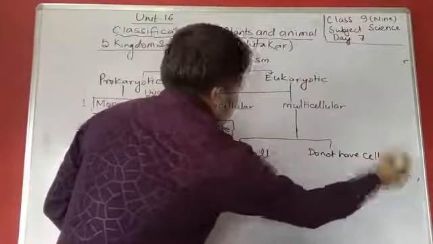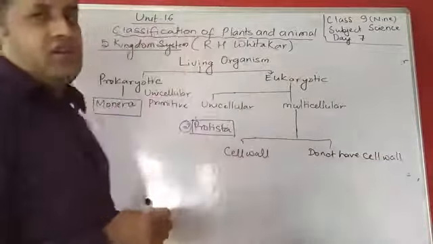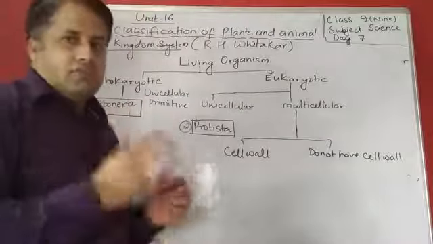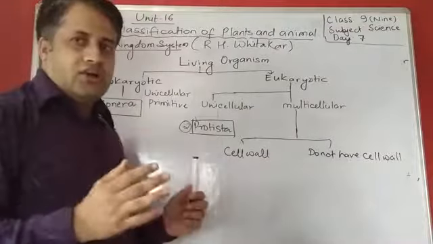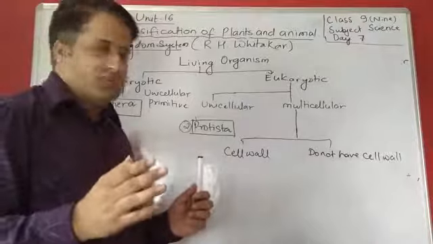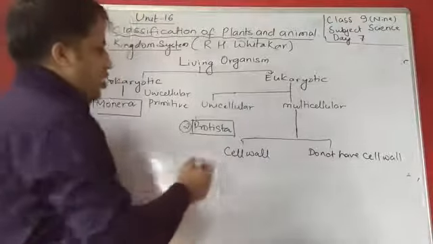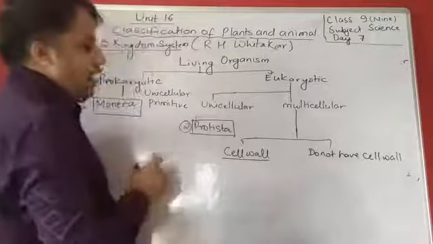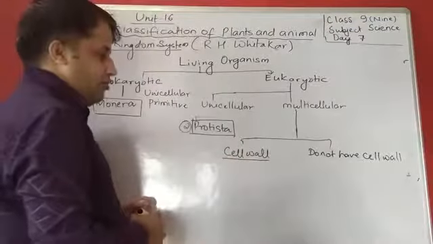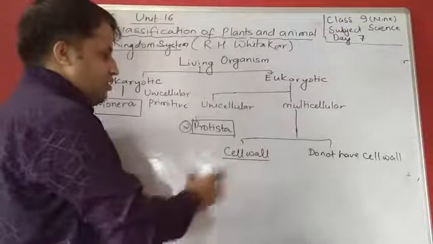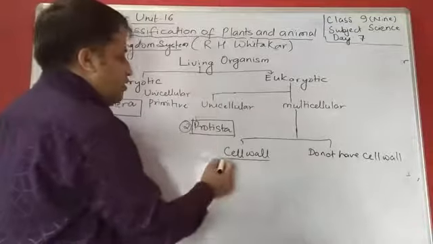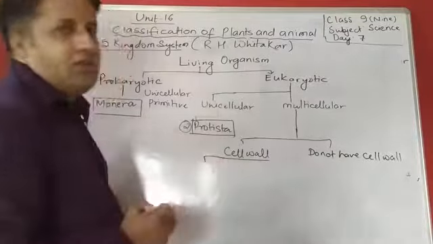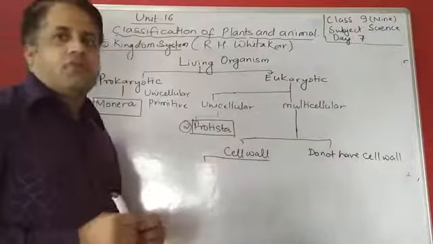Okay, so he has taken a lot of consideration to classify the organisms into different kingdoms. So among the organisms having a cell wall, further they are divided on the basis of mode of nutrition.